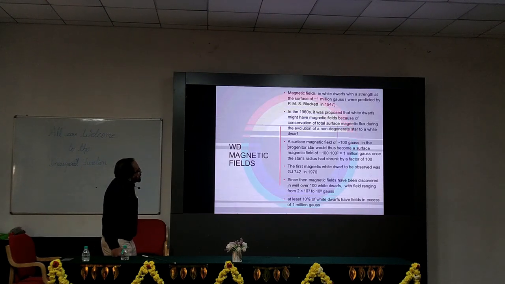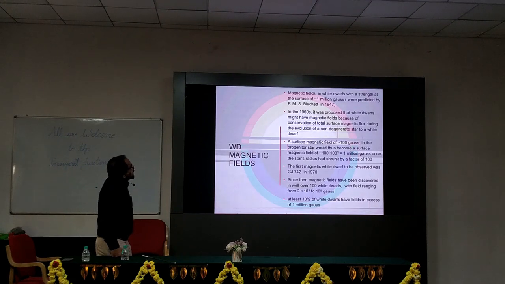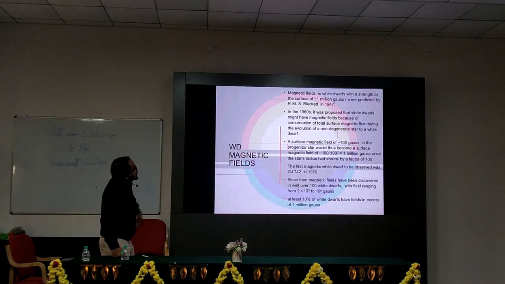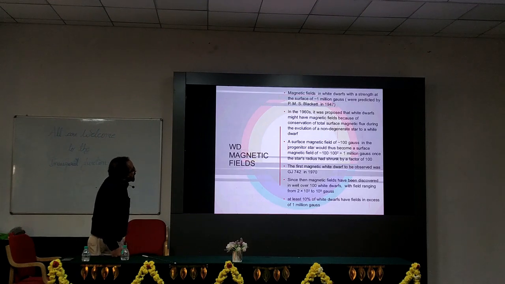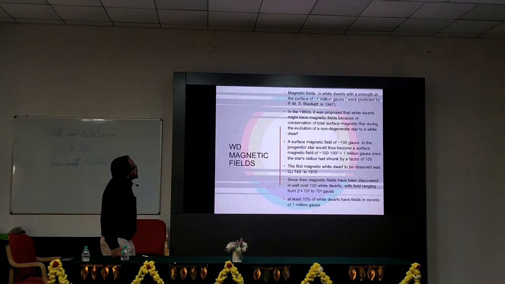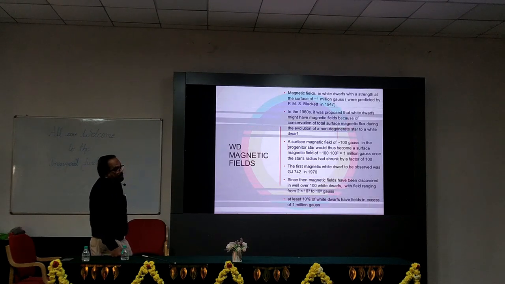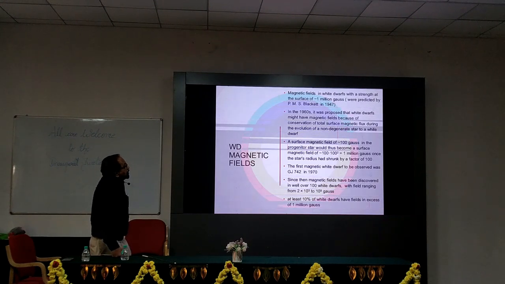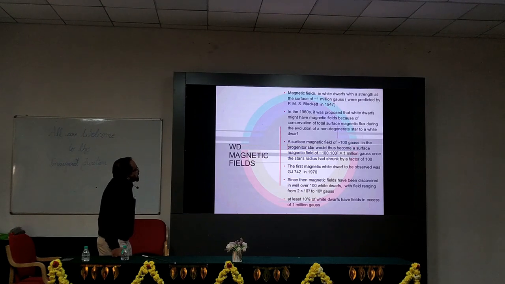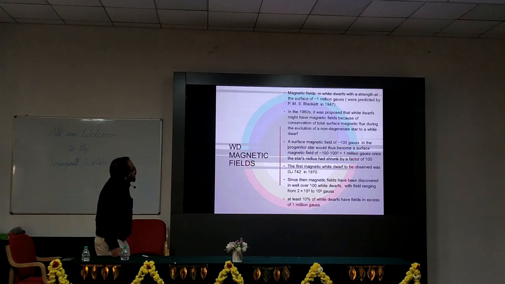Suppose initially you have a magnetic field of 1000 Gauss, and the size goes down by a factor of 100, then you expect the magnetic field to be 100 squared times 1000, about 1 million Gauss. So magnetic fields of white dwarfs are expected to be about 1 million Gauss.